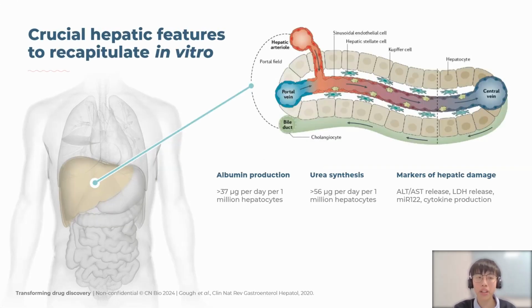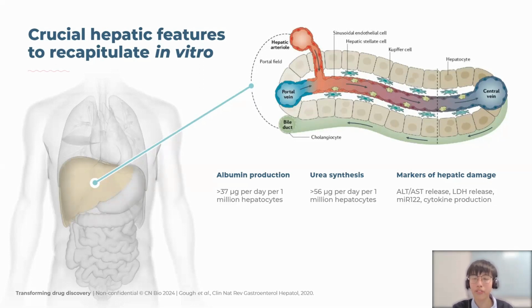So, to build a human liver model in vitro, there are a couple of crucial hepatic features that must be recapitulated. A functional human liver is characterized by a number of activities that include albumin production and urea synthesis, which are produced by hepatocytes within the liver. A functional human liver is also characterized by different markers of hepatic damage, which include ALT and AST release, LDH production, and also the release of cytokines.